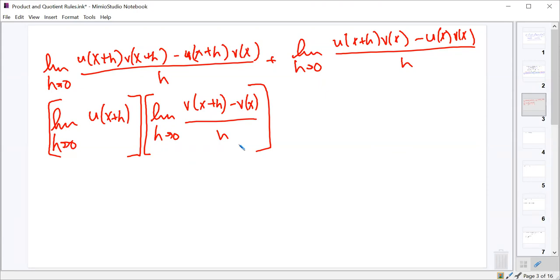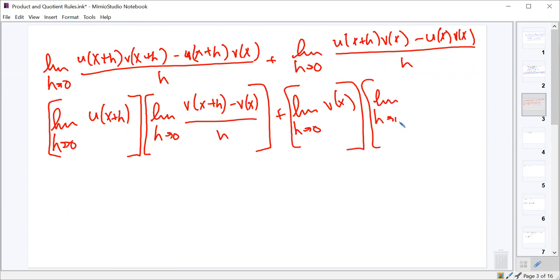And so we're going to do a similar thing in the second piece of it. What are we going to factor out of the second piece of it? v of x. Yep, we're going to take out the v of x, and we will have a limit as h approaches 0 of just v of x, and a limit as h approaches 0 of u of x plus h minus u of x all over just the h again, only after the second one.